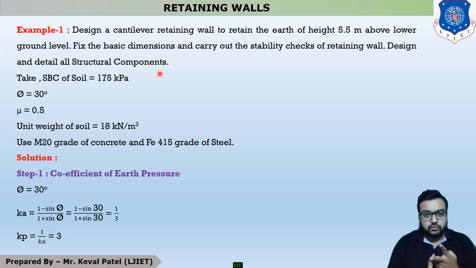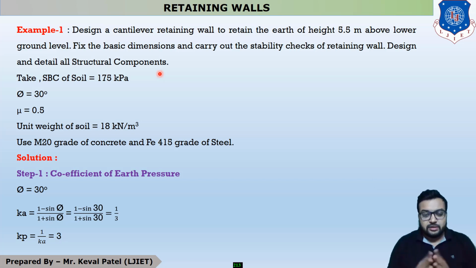Step number 2 is find out preliminary dimension. Step number 3 is to check stability, and step number 4 is to design the stem. So this is step number 1, 2, 3 and 4 when it is called design the stem only.